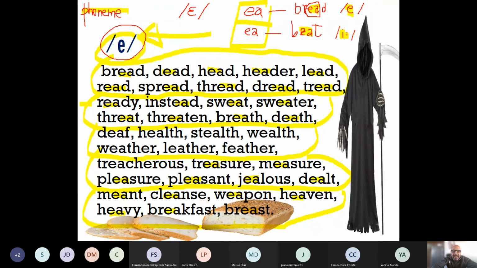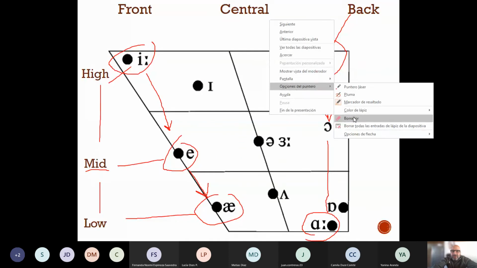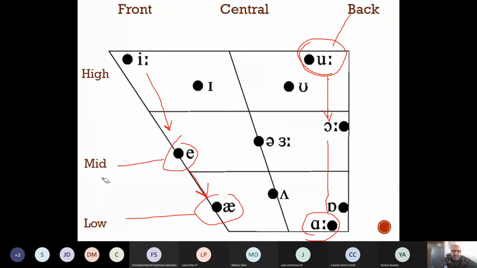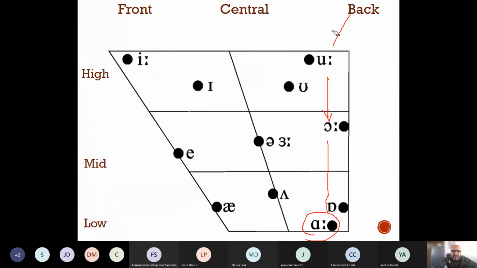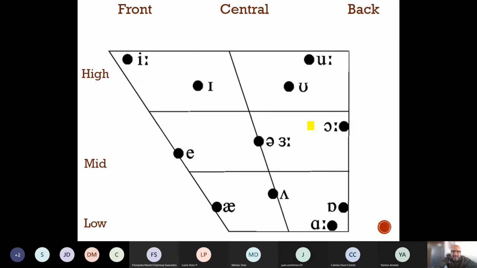So according to this vowel quadrilateral, what do you think? It's right there. In terms of position of the tongue, I would say front.